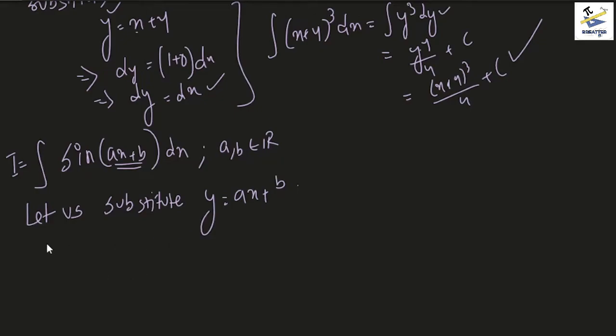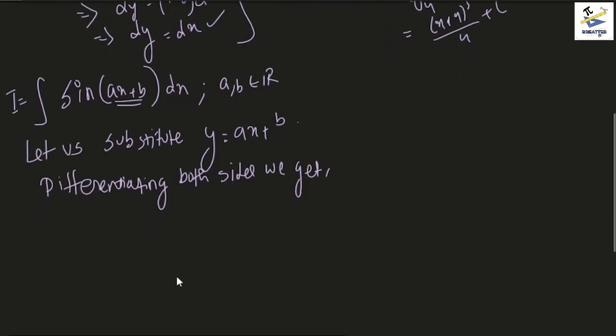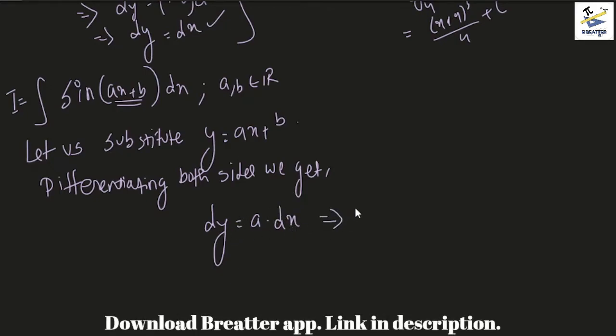So differentiating both sides, we get dy equals a into dx, because the constant b would disappear and the differentiation of a into x is just a, and we always have an extra dx, as I told you. So dy would be a dx, or in other words dx should be equal to dy by a.